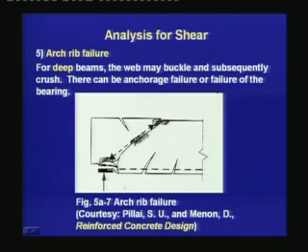This type of arch rib failure is characteristic of a deep beam where the span to depth ratio is small. There can be crushing of the concrete in the web, anchorage failure, and also crushing of the concrete near the bearing, and this type of failure due to the arch action within the deep beam is called an arch rib failure.